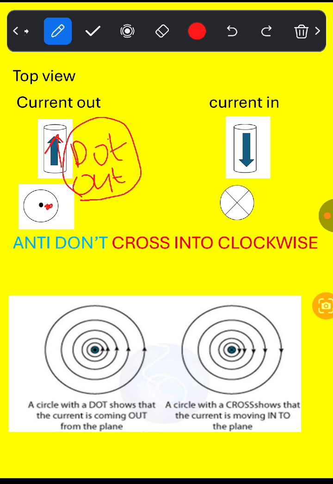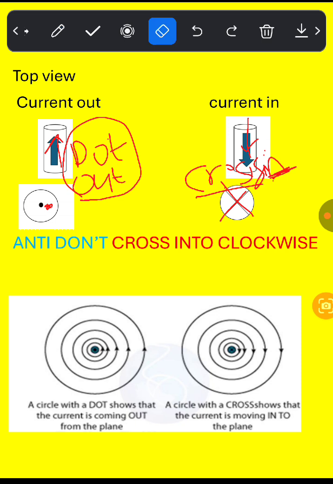And then if you see a cross, I look at the word crossing. Crossing means in. We're going into the page then.